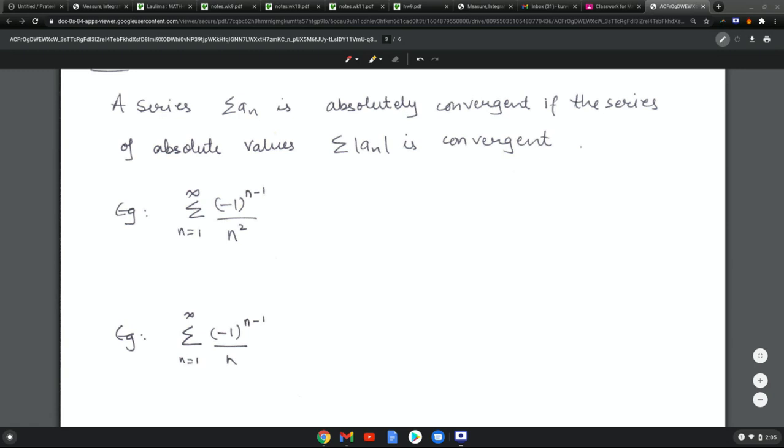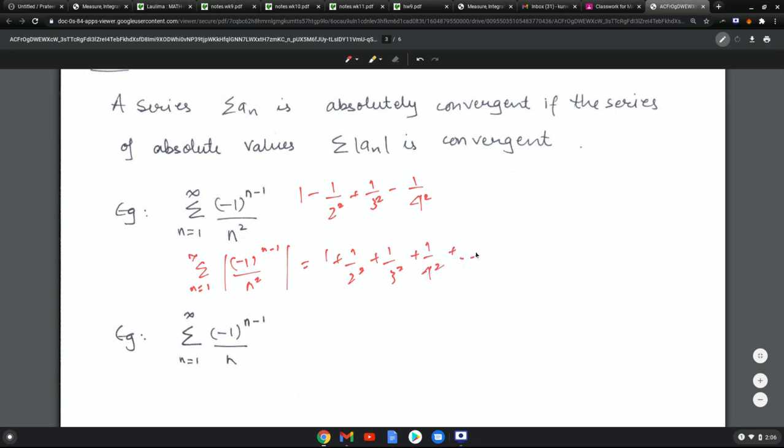For example, we take this particular series here. This is 1 minus 1 over 2 squared plus 1 over 3 squared minus 1 over 4 squared and so on. Now, the series of its absolute values is going to be 1 plus 1 over 2 squared plus 1 over 3 squared plus 1 over 4 squared, and so on.